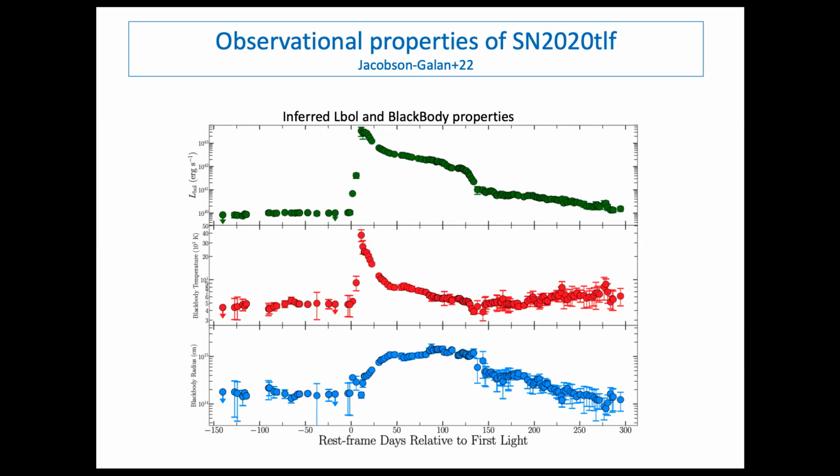Nickel decays to cobalt 56 and cobalt 56 to iron 56. And here, this is exactly the slope at which it decays. It's the basic exponential. What is suggestive is that there's complete trapping of the gamma rays. So it's optically thin to optical photons, but it's optically thick to gamma rays. And so the gamma rays are still being trapped in the ejecta here.